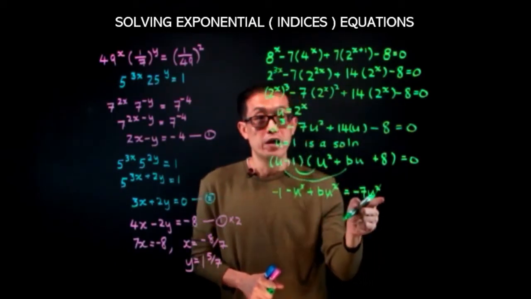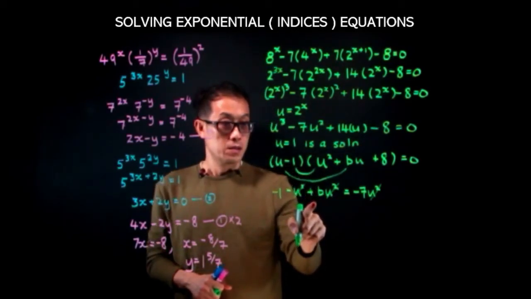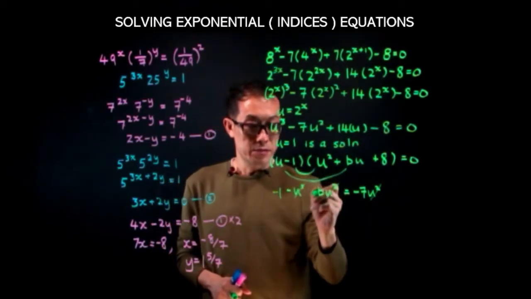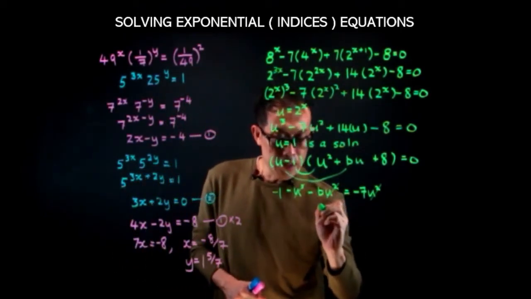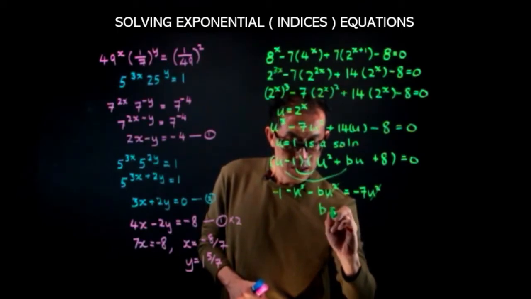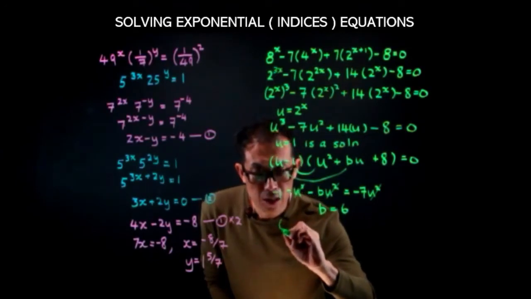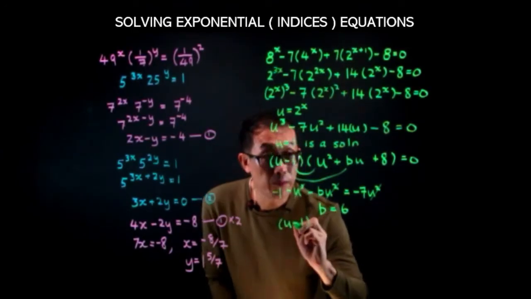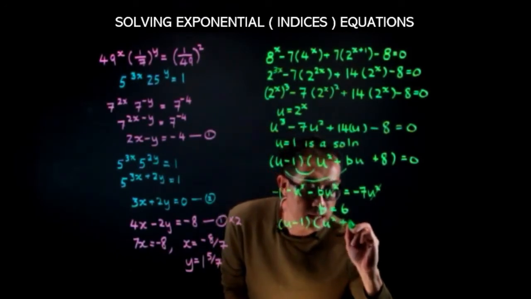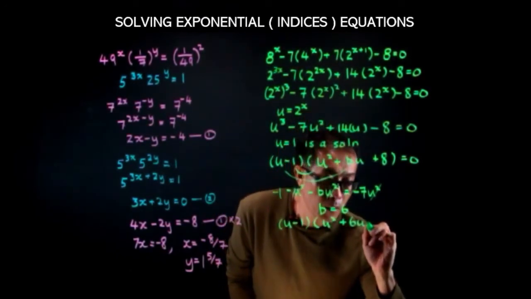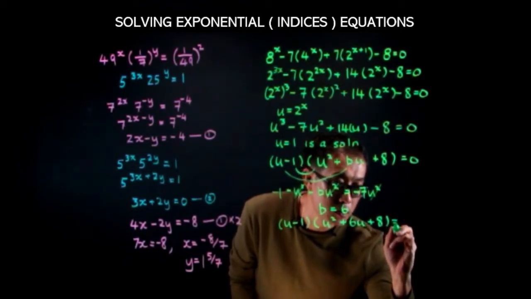Now you bring this over. Oh, so this should be minus b, sorry, this time this is minus b. Now, so you bring this over, you got b is equals to 6. Now if b is equals to 6, that means u minus 1 into u squared plus 6u plus 8 is equals to 0.